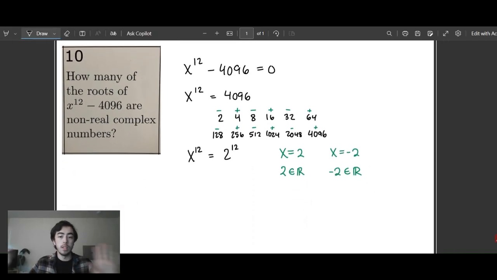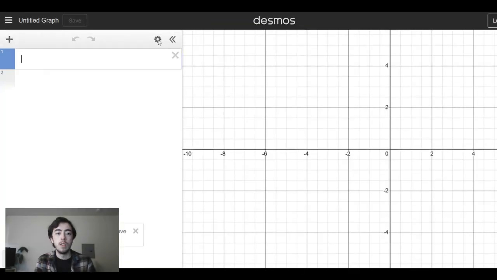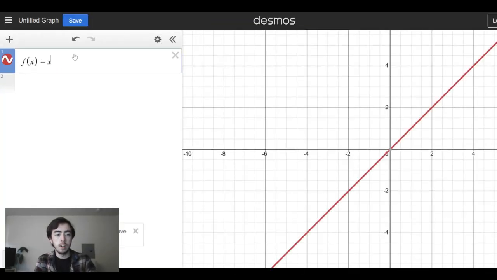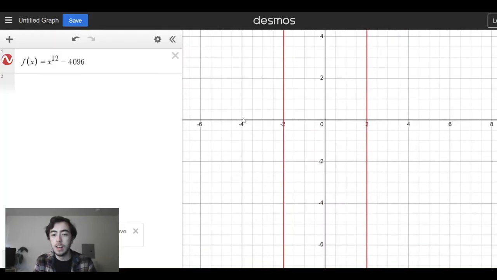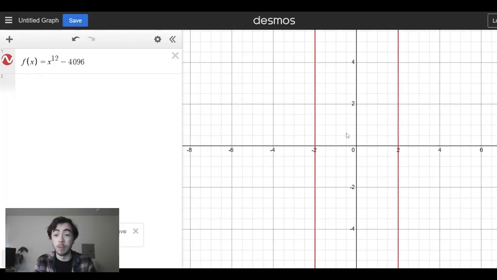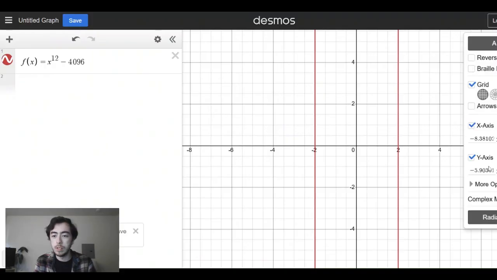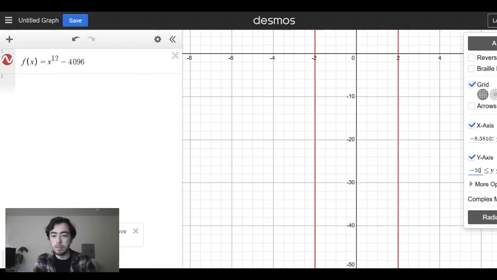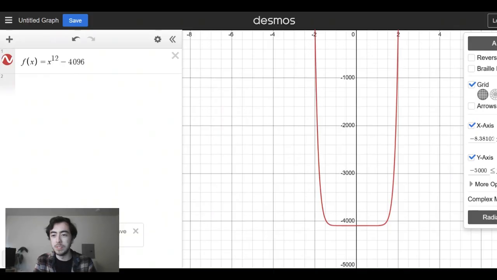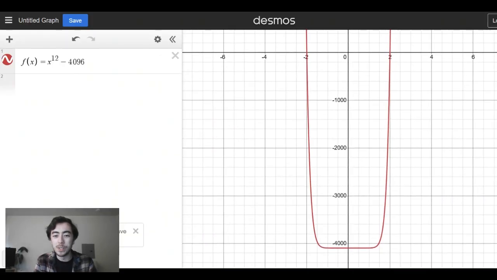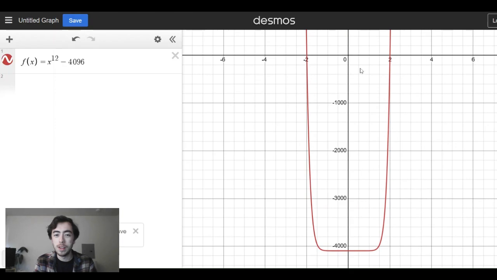And I'm going to claim here that these are the only two real number solutions out there. Just to confirm this, I want to hop on over to Desmos and graph it, and then we can also see where this -2 and 2 show up. So I'll write it as a function here, x to the power of 12 minus 4096, and it really just looks like two vertical lines, but if I zoom out a certain way, let's go maybe -5000 to, I don't know, 10, you can see that it does have some kind of curve to it.